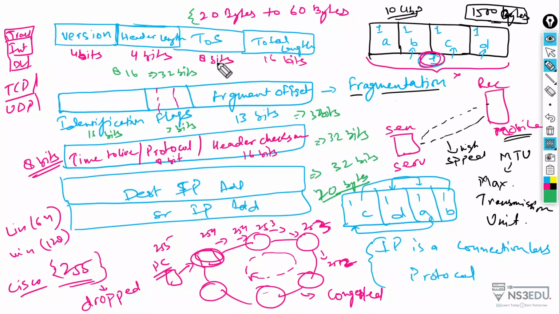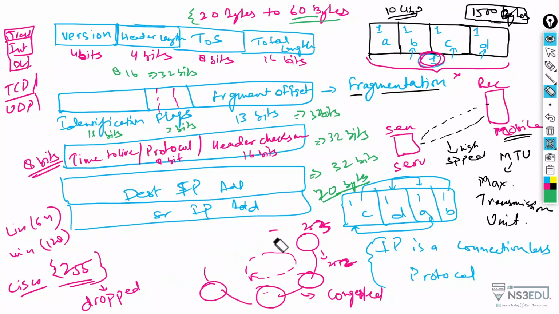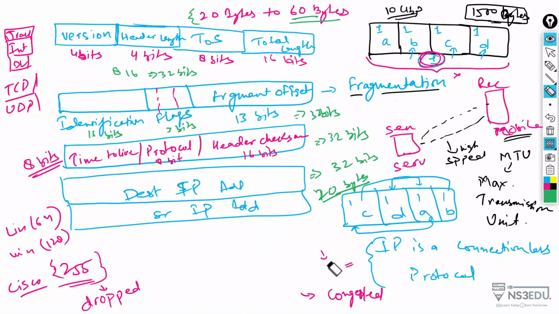Any questions till now you can ask. Alright, those 60 bytes are the different fields that we add beyond this. So there are optional fields also.